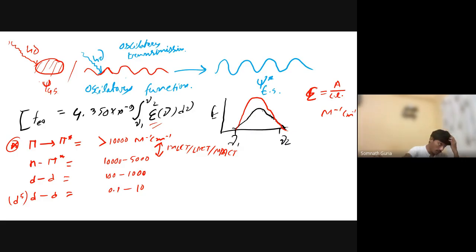So why, in case of d5, is this spin allowed, but orbital forbidden?